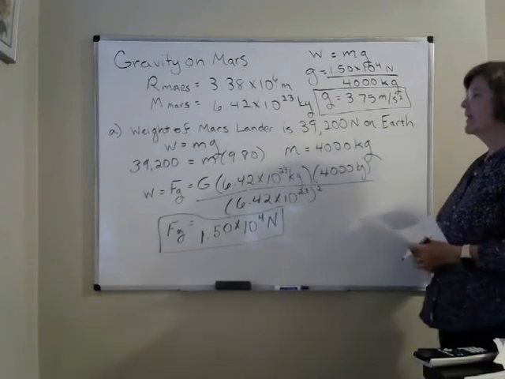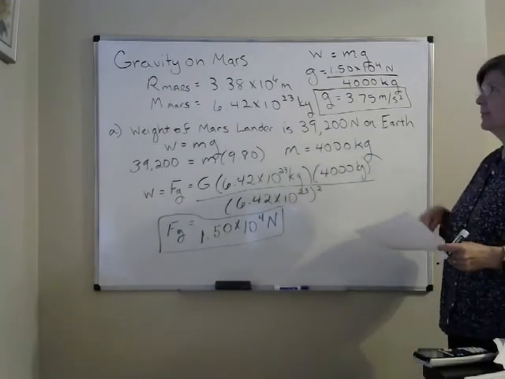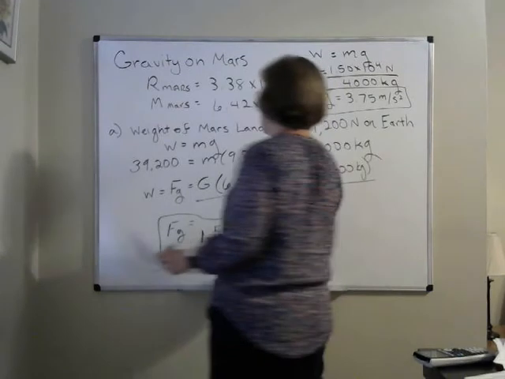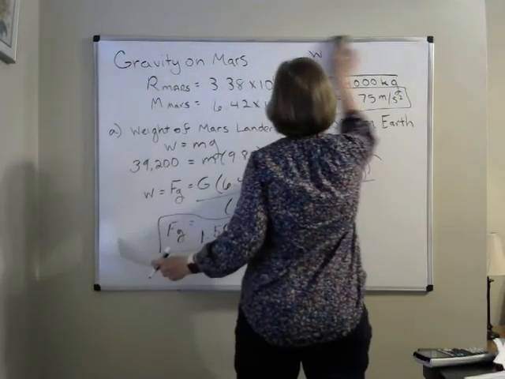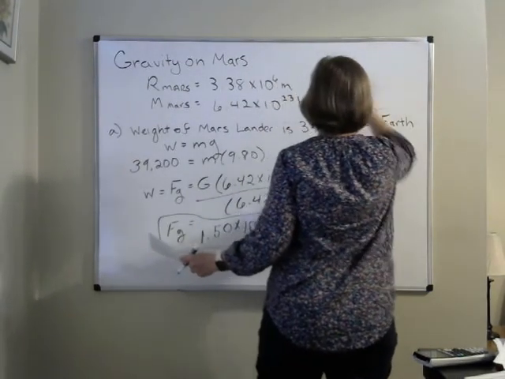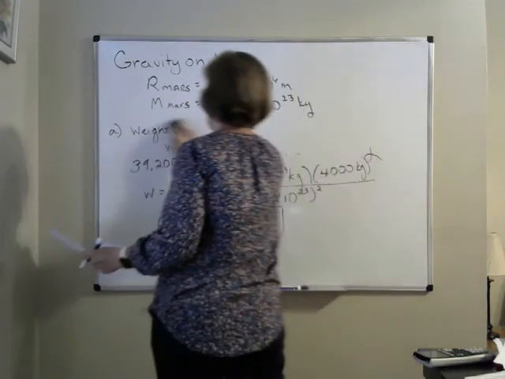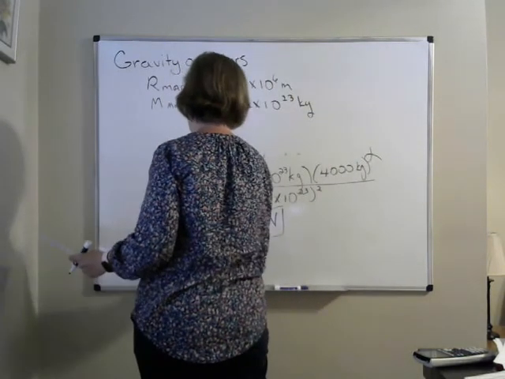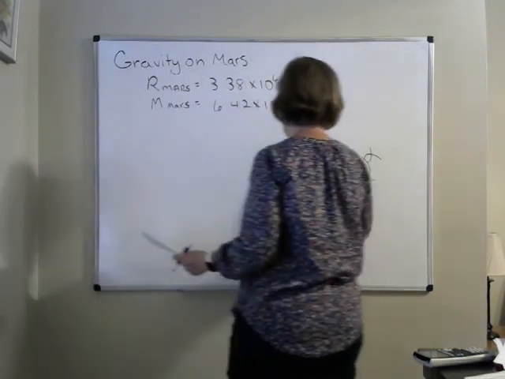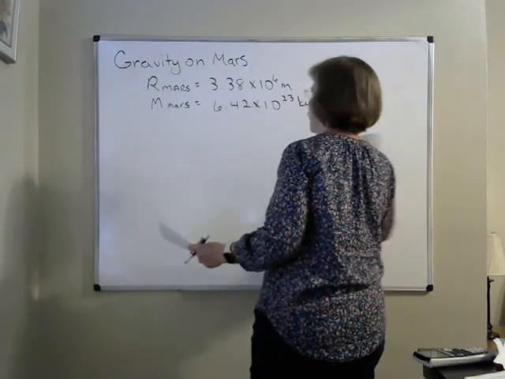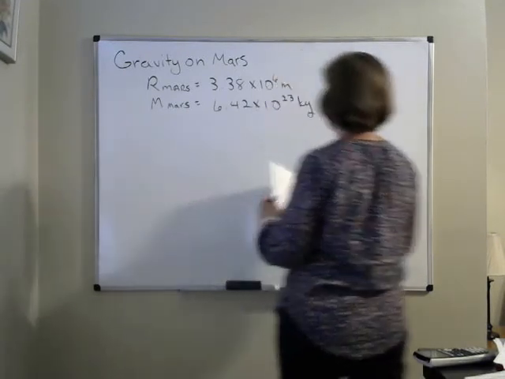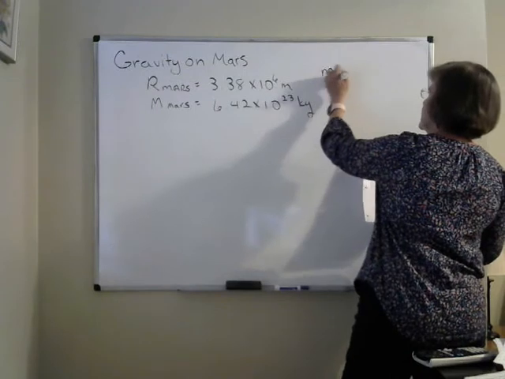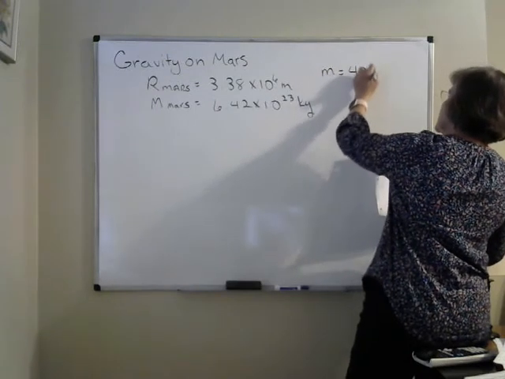If we want to find how much it weighs farther above the surface of Mars, let's do that. We've got the same Mars lander. It has a mass of 4,000 kilograms.